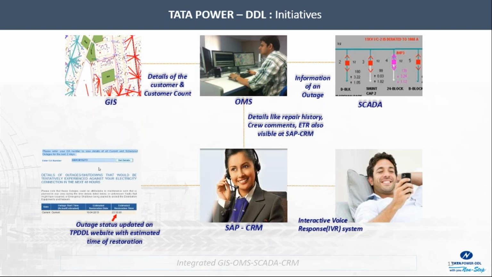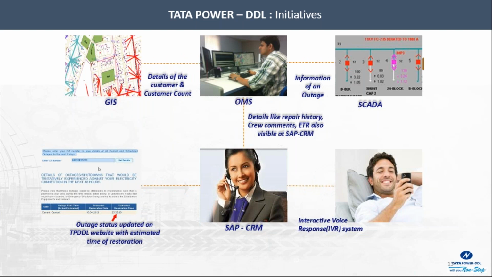Next slide gives you that how integrated the technology landscape in Tata Power Delhi is. The GIS system is the base for all other systems. It has all the network mapped very accurately, which is a very tough task. And all consumers are mapped. You can see the red line and pointing to consumers there. This GIS data is used by OMS system and the SCADA system.